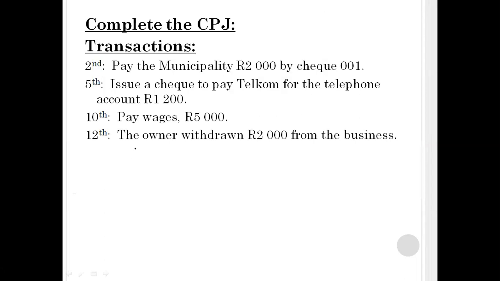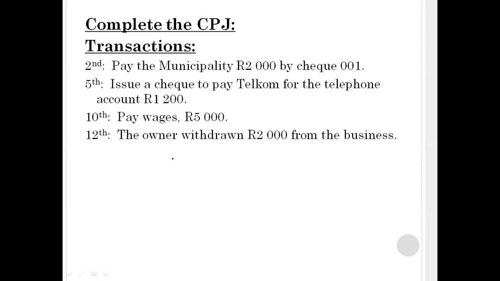Right, on the 12th, the owner withdrew 2,000 Rand from the business. So we've got the date. We don't really have a name here, but they talk about the owner, and he withdrew 2,000 Rand from the business. Now, let's just stand quickly still on this one. This one is always the one that they will try to catch you out on.